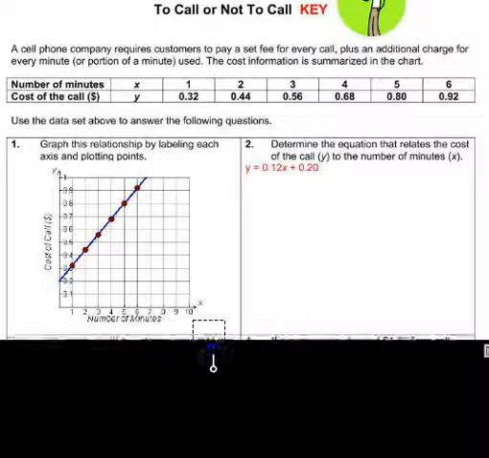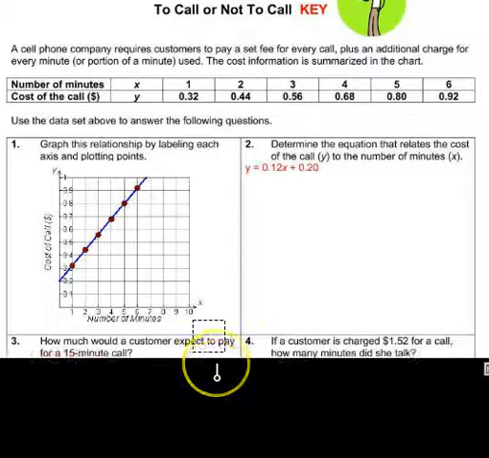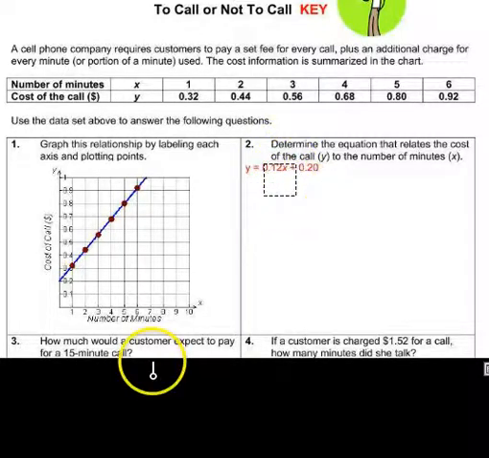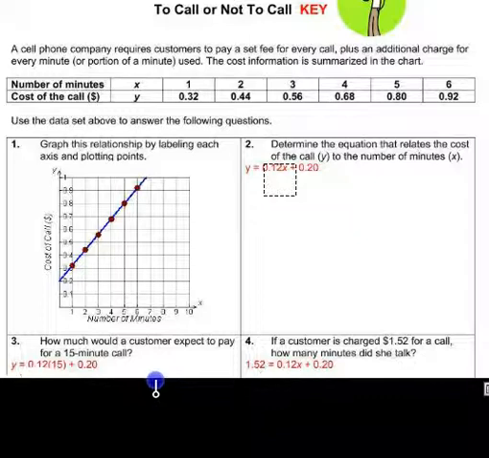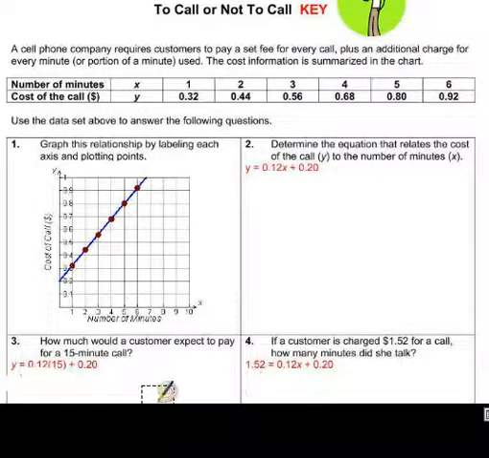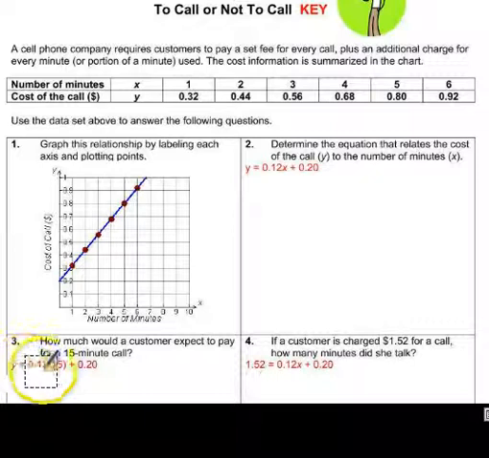All right, let's pull this down. The next question says, how much would a customer expect to pay for a 15-minute call? Well, think about what the 15 is. 15 is your number of minutes, and if you remember, your number of minutes is x. So you start with the original equation, y equals 0.12 times x, where x is 15 minutes, plus the extra 20 cents we're starting with.